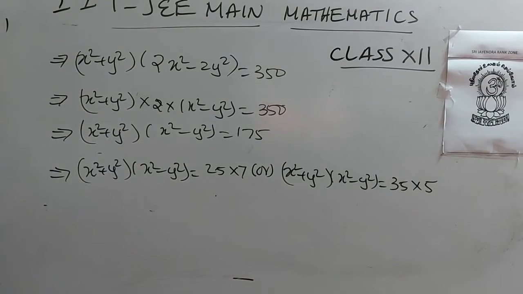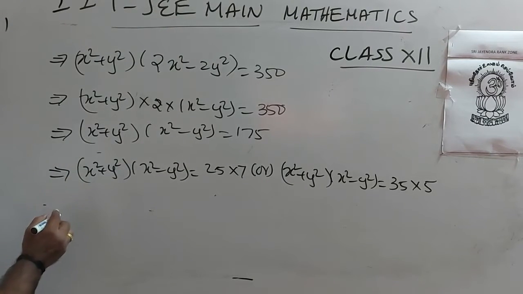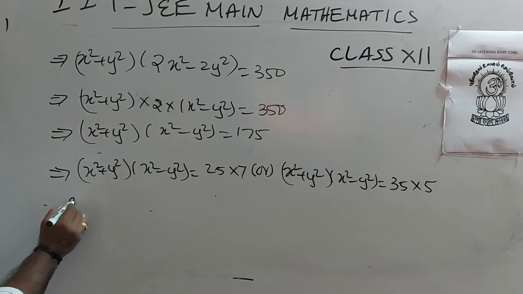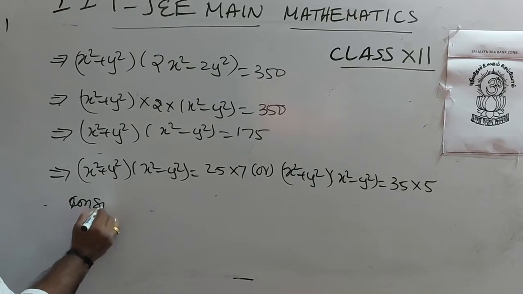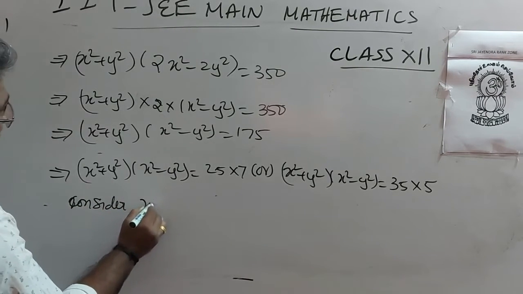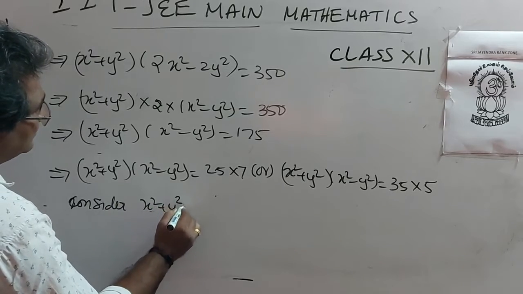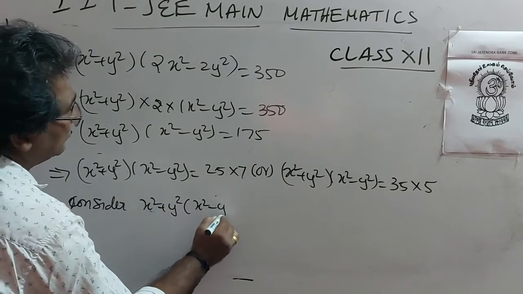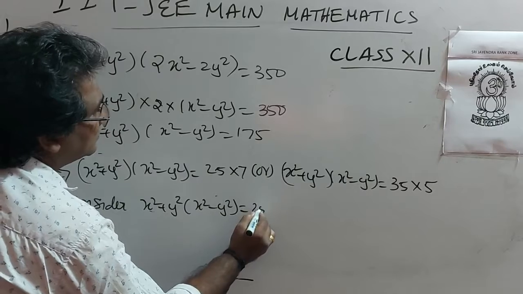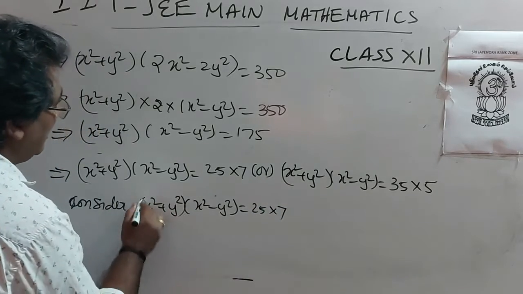There are two possibilities. So consider x squared plus y squared into x squared minus y squared equal to 25 into 7.